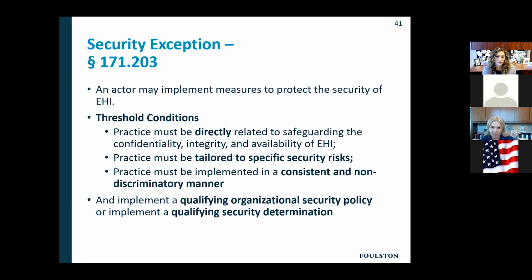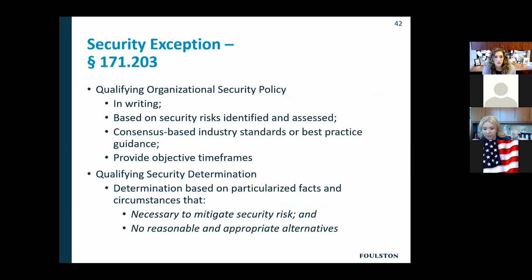Now, you may need to make a few tweaks to those security policies just to bring in references to the information blocking exception. But by and large, if you've got those HIPAA security policies in place and you've been doing your risk assessments, you've already done a lot of the legwork with respect to supporting from a documentation standpoint, if you want to rely on the security exception.